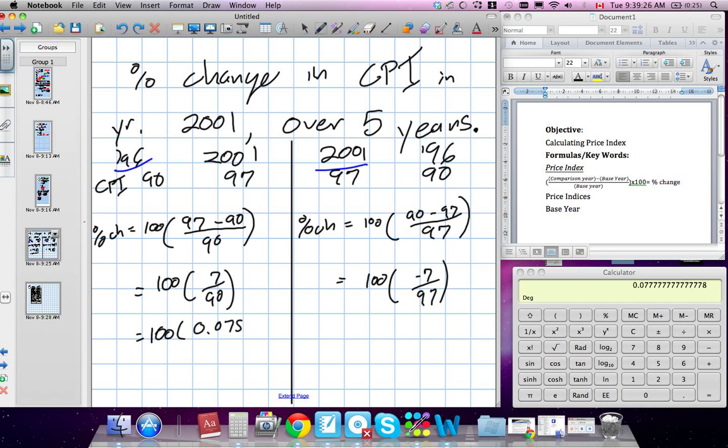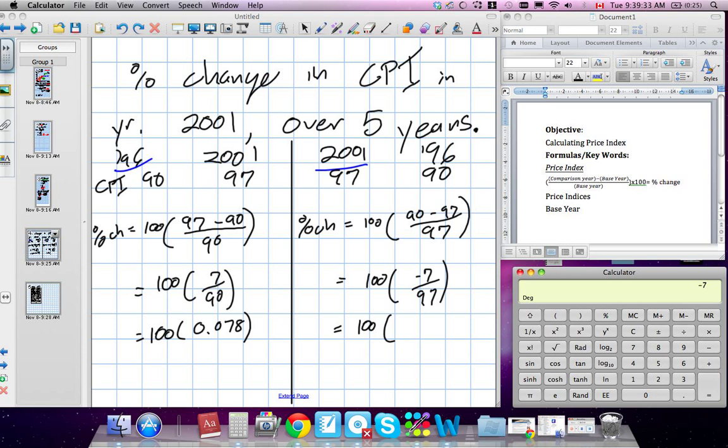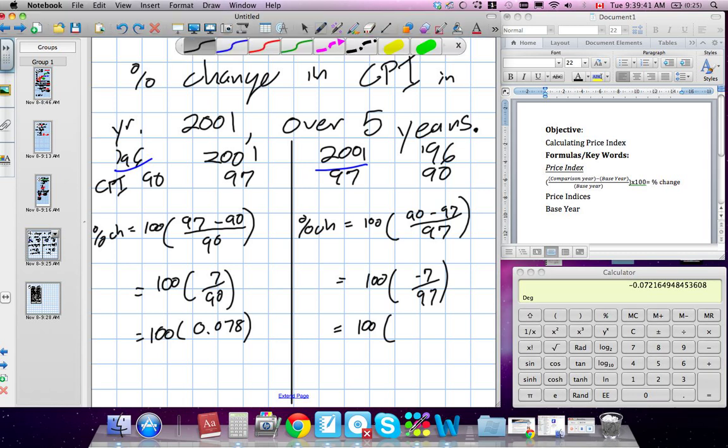In our other example, we have negative 7 divided by 97, which gives us a very different answer, negative 0.072.